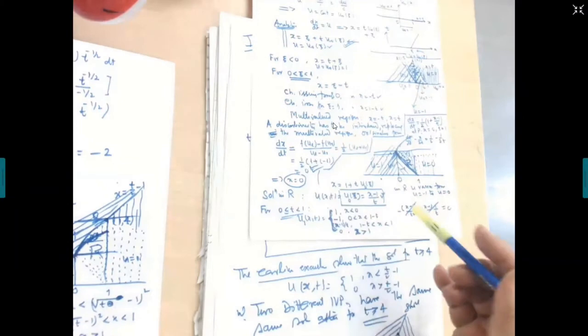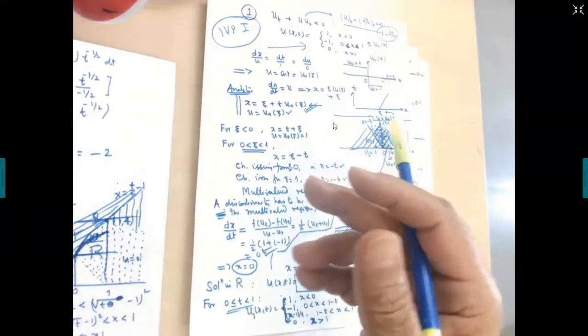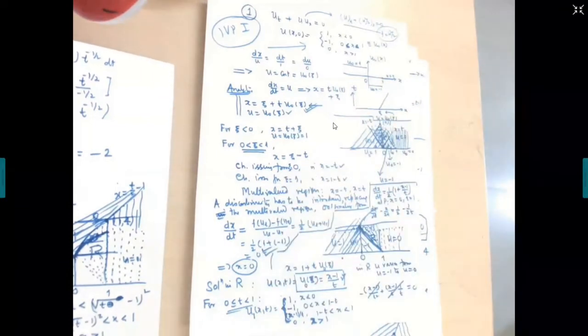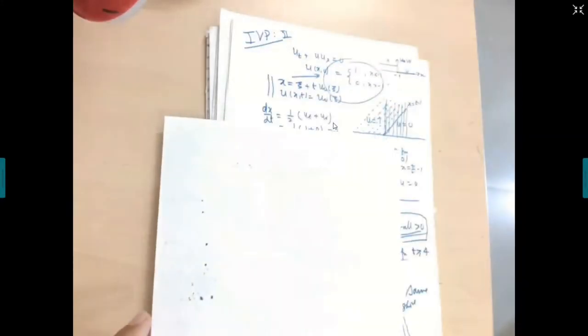If I want to go back to the initial data, I really do not know whether this data or that data, because both lead to the same solution at t equal to 4. This is called a very high degree of irreversibility, and this kind of feature is never exhibited by a semi-linear or a linear partial differential equation. Is this point understood?